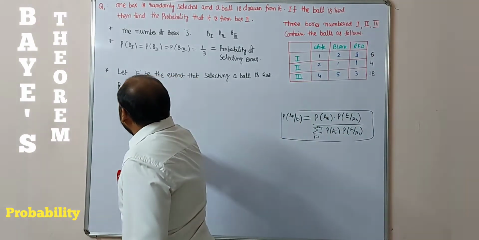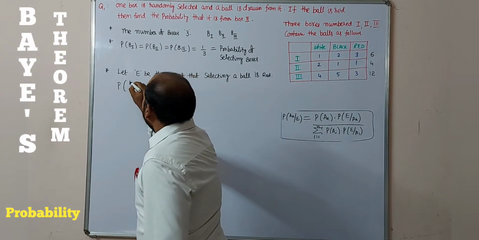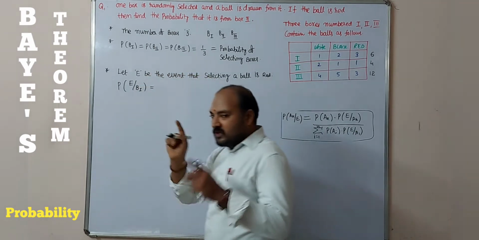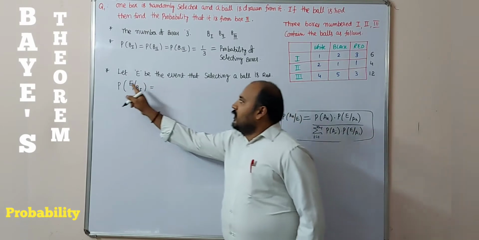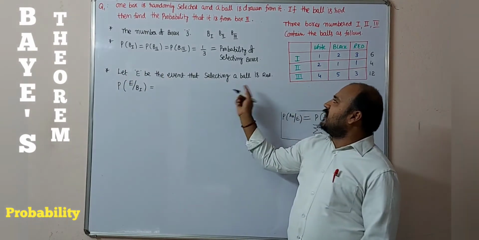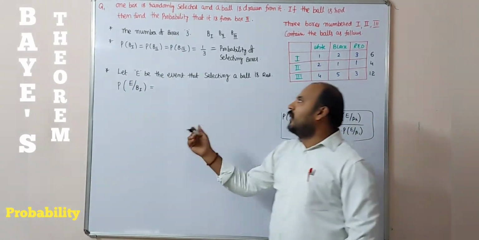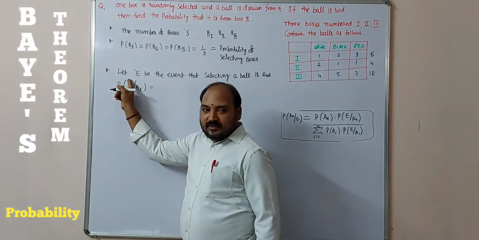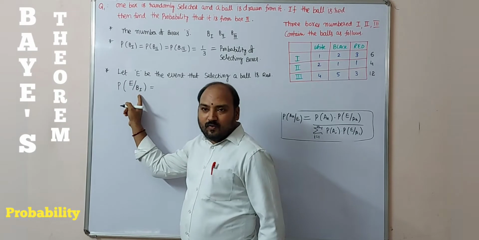The probability of E given B1. I will explain the meaning here, dear students. Observe carefully. Let E be the event of selecting a ball that is red. Now, the probability of event E, selecting a red ball from B1.